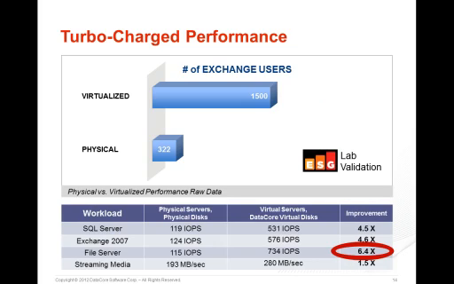But if we look at the other workloads, SQL Server, Exchange, File Server, and streaming media, we can see that all of them have an improvement by putting the SANsymphony layer in place and using the caching to improve the performance.